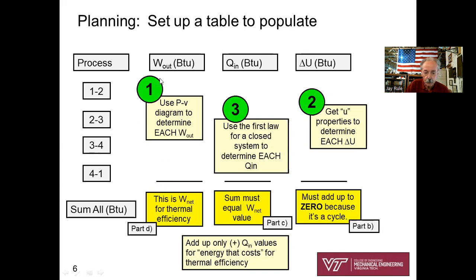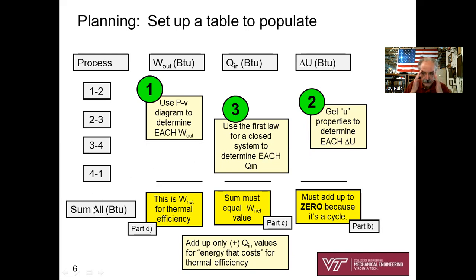I've got a column for Q in for each of the 4 processes. And then I've got delta U, because looking ahead towards part B, what's the change in energy? For the piston and cylinder, there's no change in kinetic energy, no change in potential energy. So all we have to worry about in terms of energy change is internal energy.